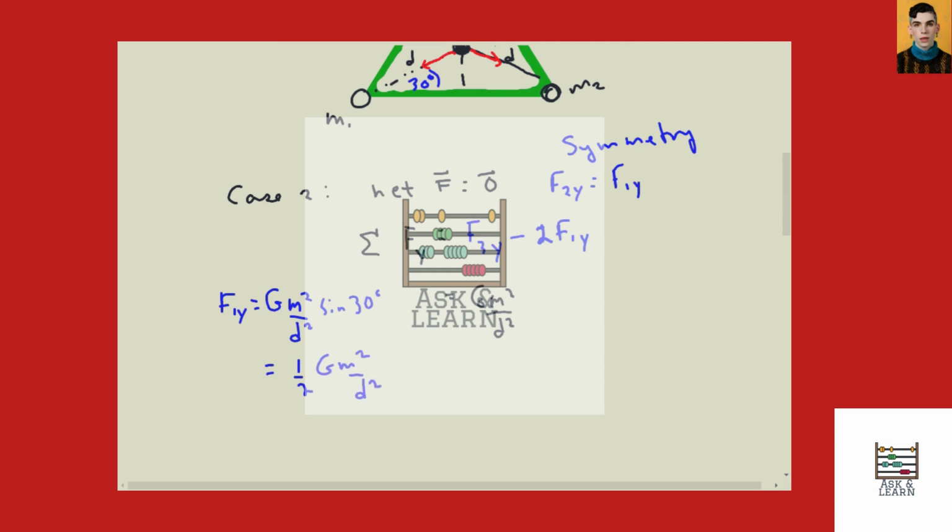So we can see readily that multiplying it by 2 will give us a balance. And so even the sum of the y components winds up to be 0 in this case. So yes, the net force on that particle in the middle is identically 0.